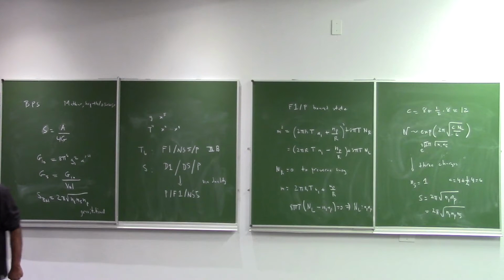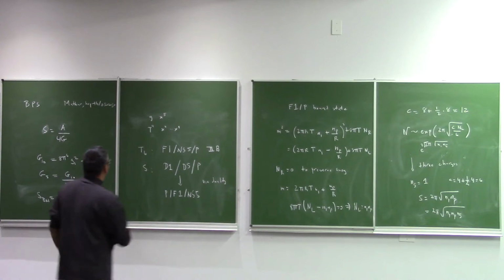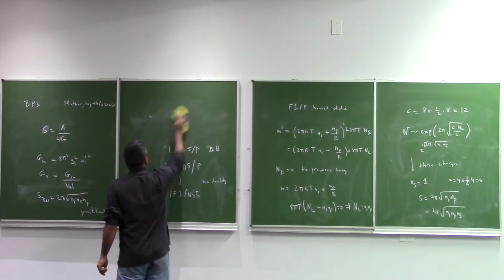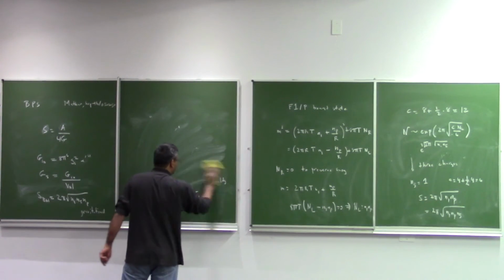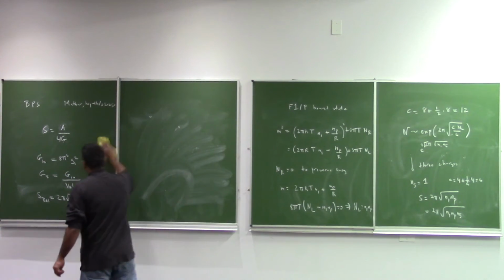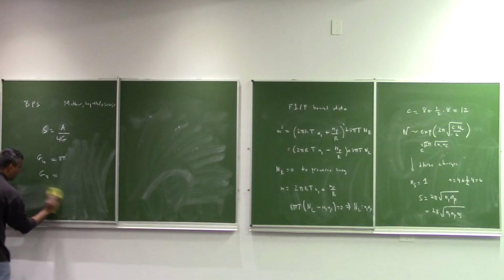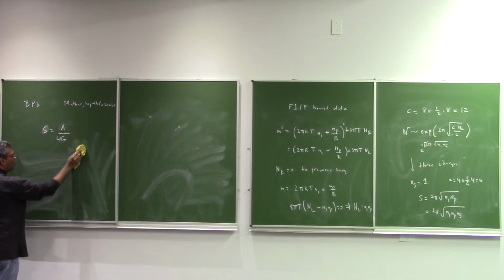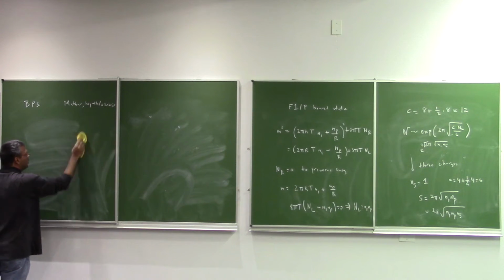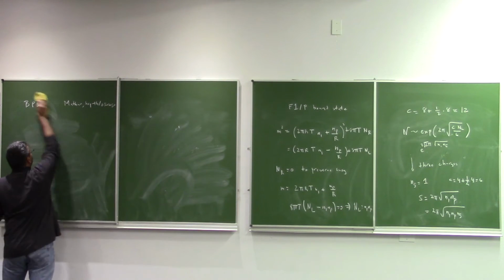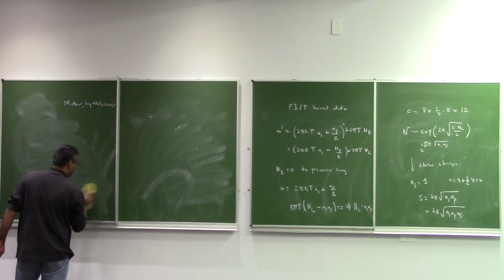Okay. So what Lunin and Mathur found is, for the D1, D5 system, they found that there are e to the entropy microstates with the same charges as the black hole. So in other words, the e to the S metrics they can write down have the same global charges as the black hole we're considering.